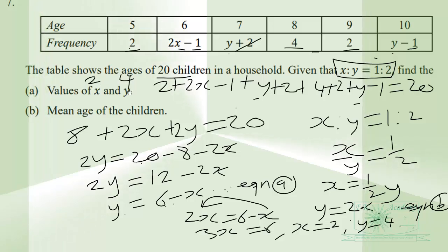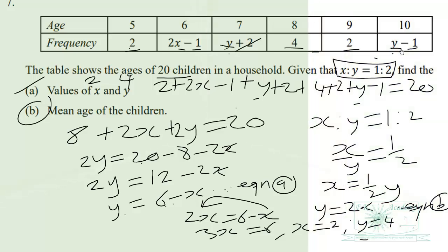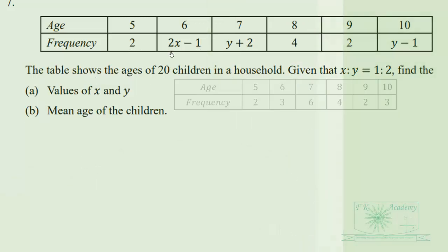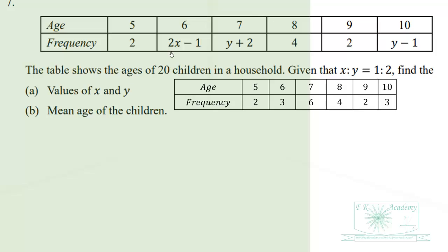Then the B part said we should find the mean age of the children. So now we substitute the value of y here and here, and substitute the value of x here. What do we get? We'll get a table like this. So we need to find the mean age of the children from this table.